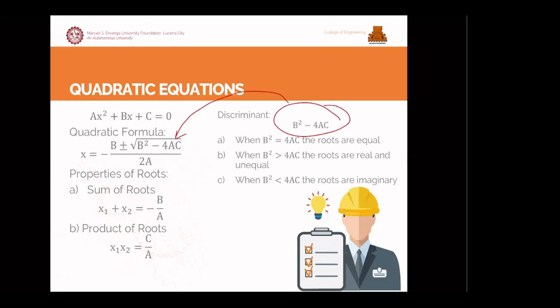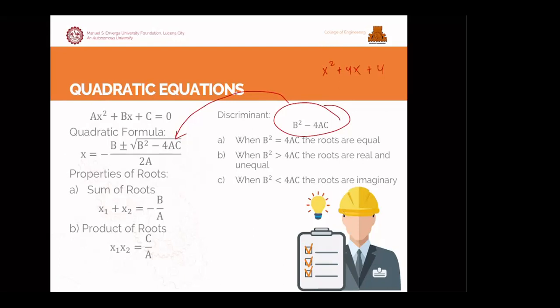Okay? When b squared is equals to 4ac, pag chinek natin halimbawa yung value ng b squared is equals to 4ac, ibig sabihin yung value ng root natin are equal. So, let's say halimbawa, ang ano natin is x squared plus 4x plus 4.